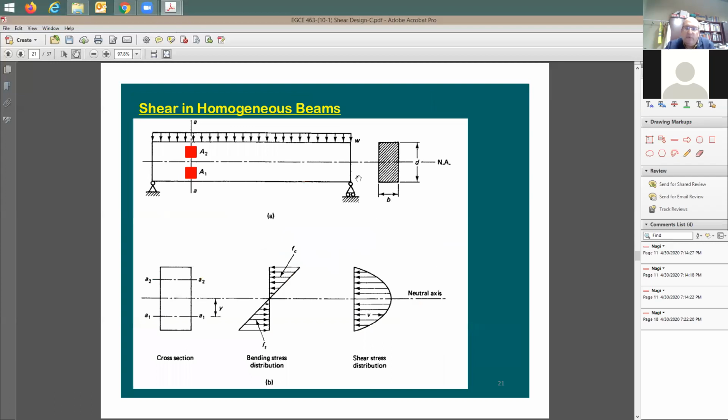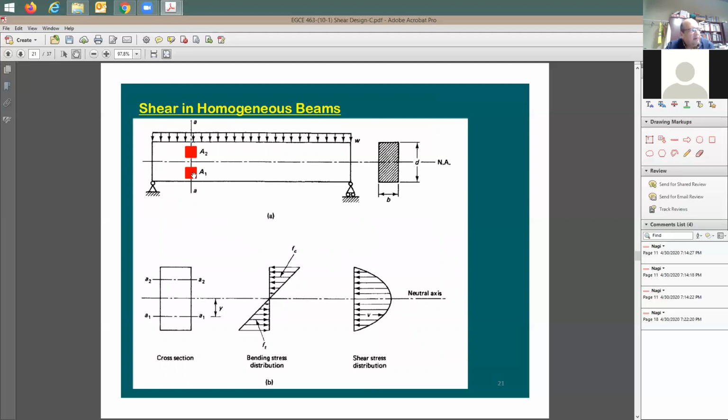Now what's going to happen, we're going to take two stress elements, A1 and A2, in a beam. One of them is going to be in the bottom, which means A1, and the other one's going to be in the top, A2. And let's just assume that this is not a concrete beam, this is going to be a homogeneous beam. It can be wood, it can be steel, you name it.